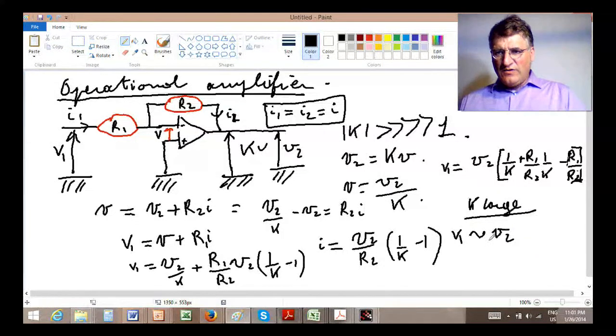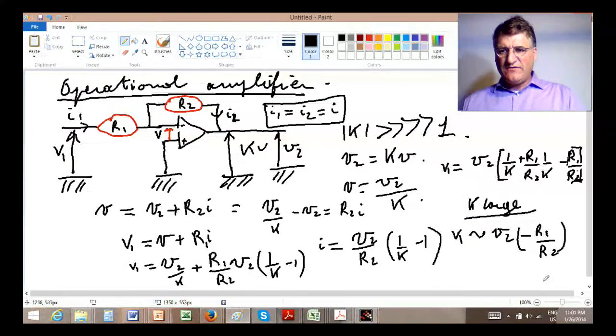So you get that V1 is equal to minus V2 times R1 over R2, with a minus sign in front of it.